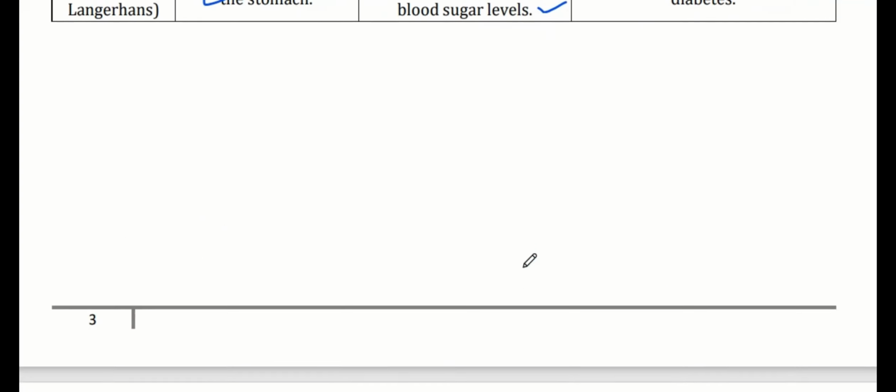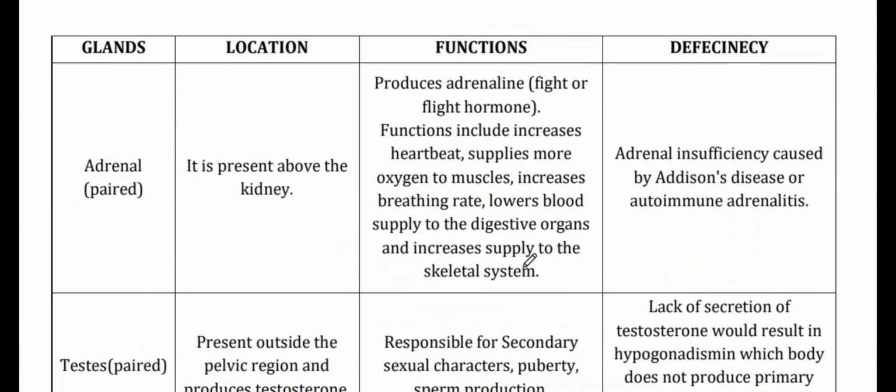So now, the adrenal gland. The adrenal gland is paired, present above the kidney, and produces adrenaline, the fight or flight hormone.